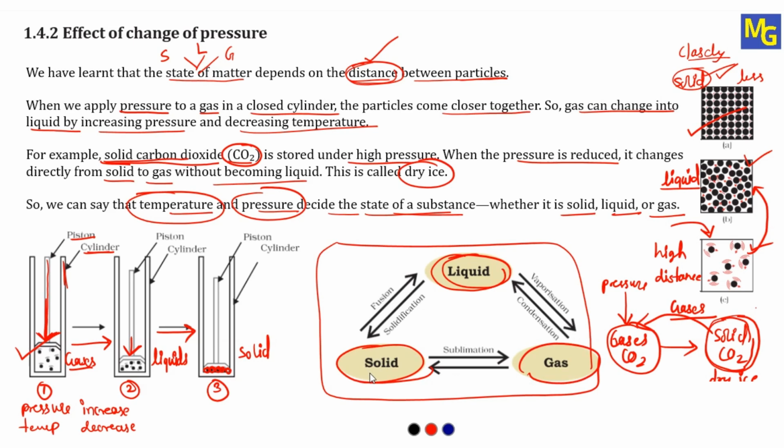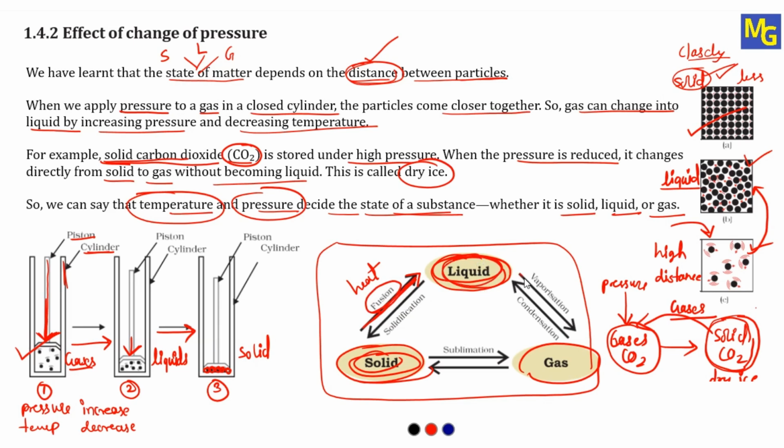Now see, I'll start with solid. When heat is applied on the solid, see the arrow. The arrow is pointing in the direction of the reaction. So when heat is applied on the solid, it will melt and convert into liquid. This process is called fusion or melting. Now we have liquid.